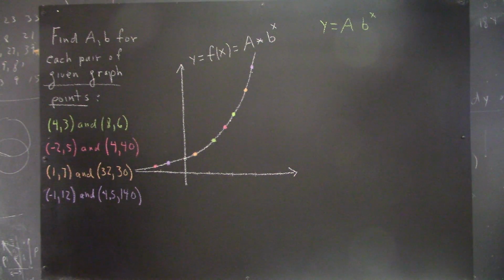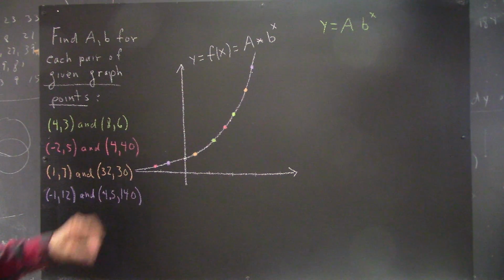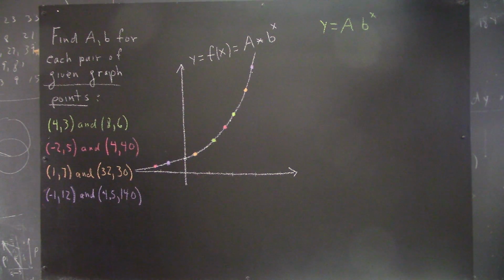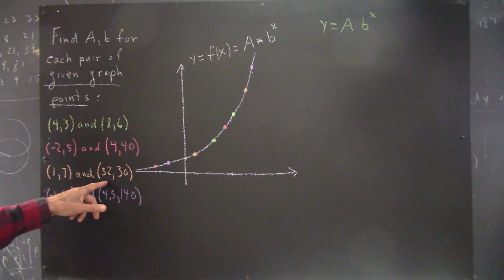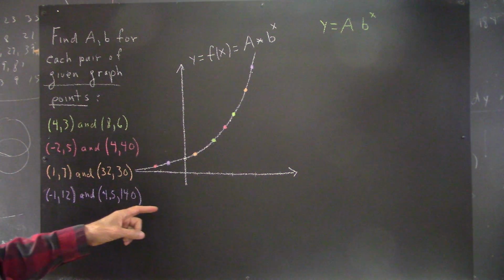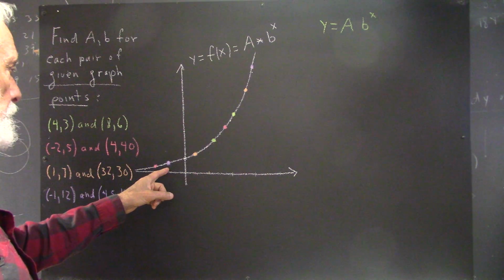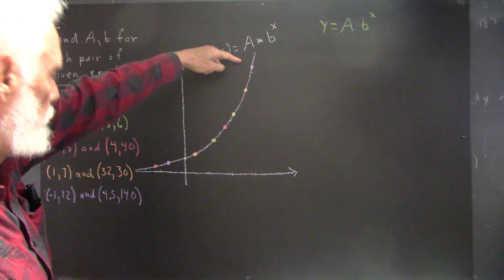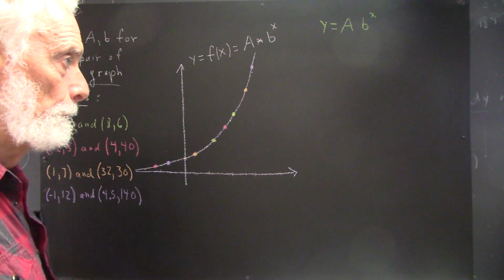And I think I kind of doubled things without thinking. I think that should be 530. Maybe 630. I think it'd be 630. Okay. So I'll change that 32 to 6. And then (-1, 12). That would be here. And (4.5, 40), that would be here.